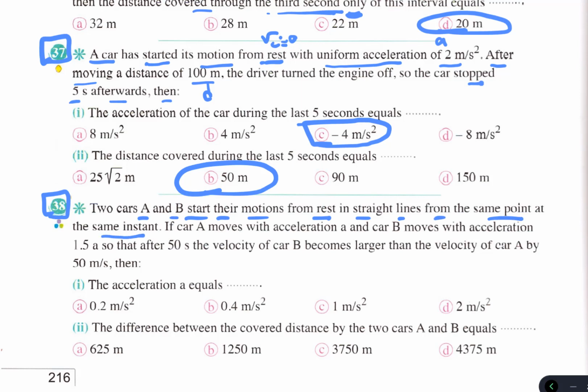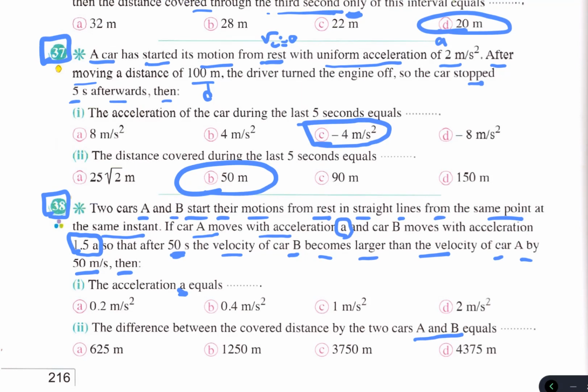If car A moves with acceleration A and car B moves with acceleration 1.5 A, so that after 50 seconds the velocity of car B becomes larger than the velocity of car A by 50 meters per second. Then he needs the acceleration A and the difference between the covered distance by the two cars A and B.